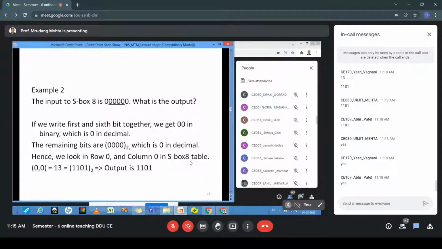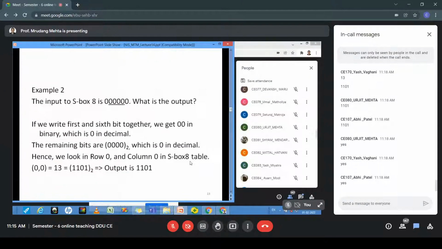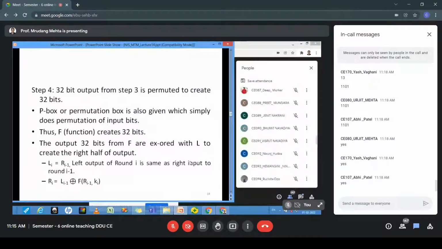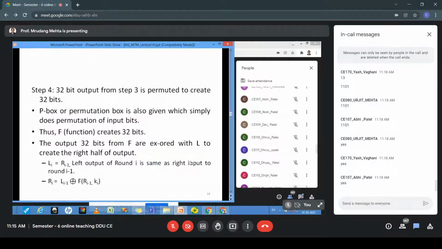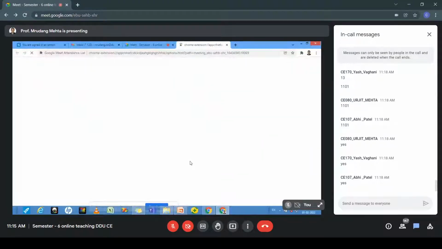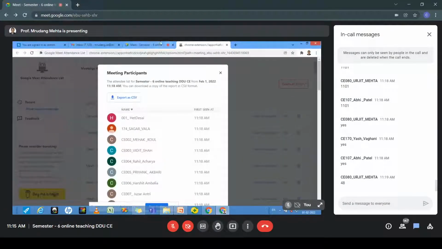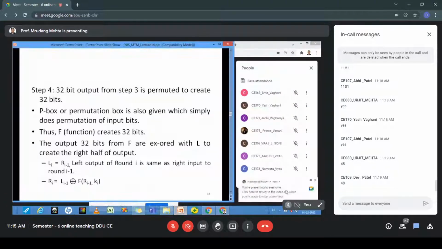Now, what we have done: how many bits are input to the S boxes? All 8 boxes together have an input of a total of how many bits? 48 bits.